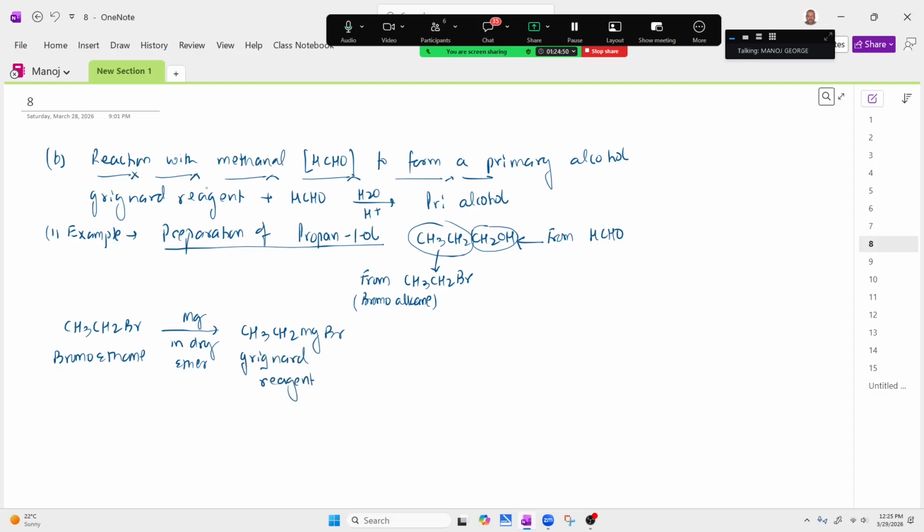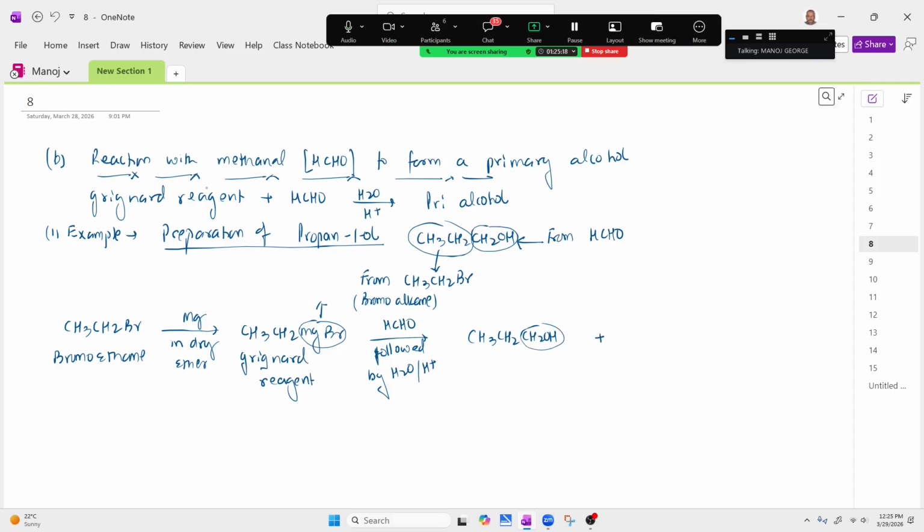And once I do that, I need to react this with methanol, followed by acidic hydrolysis of the reaction intermediate. So all of that is going to be kicked out, and it's going to be replaced by the CH2OH.